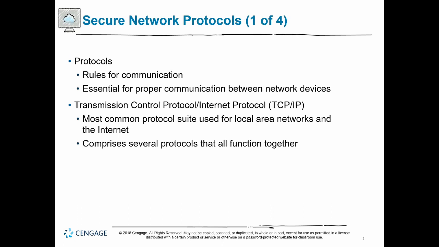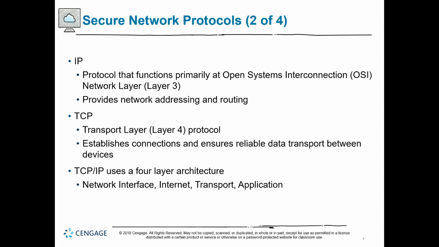And that leads into TCP/IP, Transmission Control Protocol and Internet Protocol. It's the most common protocol suite used for local area networks and the Internet. It comprises several protocols that all function together. So IP is a layer 3 protocol in the OSI model and provides network addresses and routing.